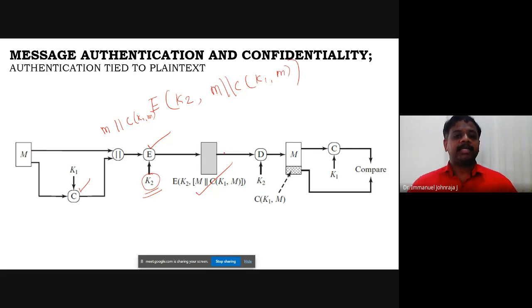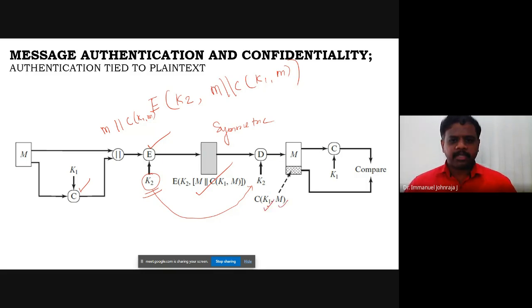Now, this is a single entity which is to be decrypted using the key. Whatever key is used for encryption is used here for decryption, since this uses a symmetric key algorithm. Symmetric decryption gives the plain text, which is appended with the message authentication code, in other words the checksum value, calculated using the key and the message.